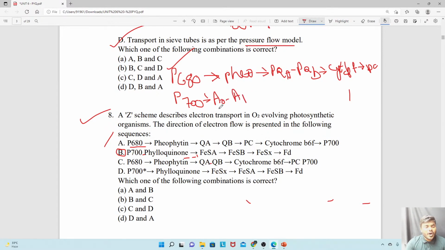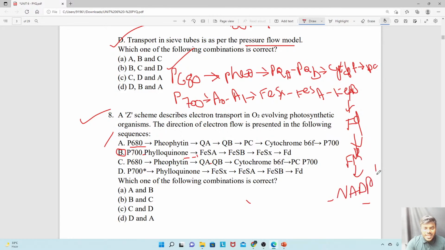A0 we can call modified chlorophyll a, A1 we can call phylloquinone, then followed by iron sulfur X, iron sulfur A, iron sulfur B, then followed by FD, then followed by FNR, then finally NADP plus. This is the real electron scheme.